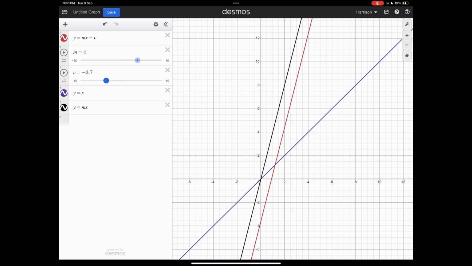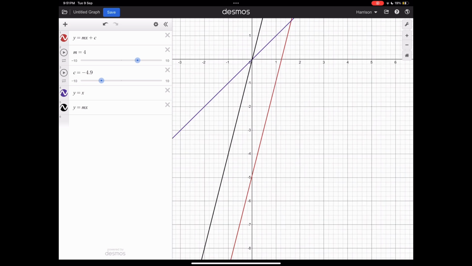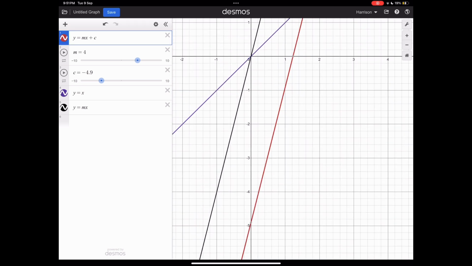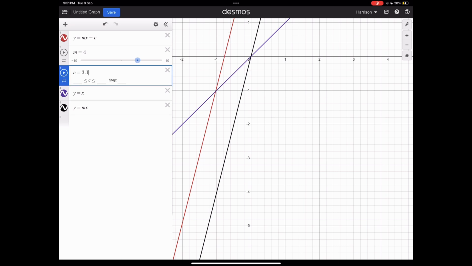So now our red one is y equals mx plus c, and it's going up and down as we change c. Notice how every point's being shifted, but that means the y-intercept will also be shifted by c. That's why we can still say that the y-intercept is c.